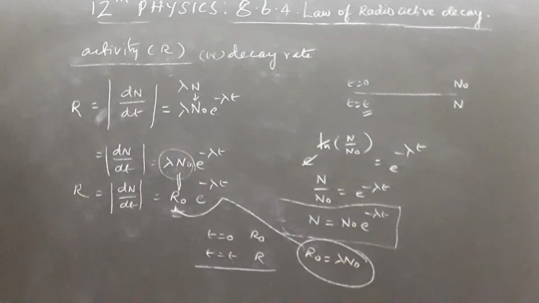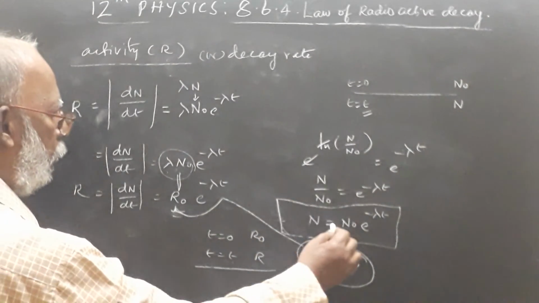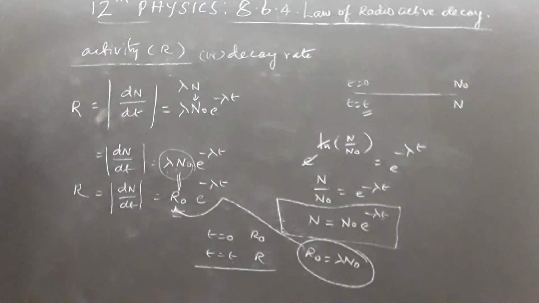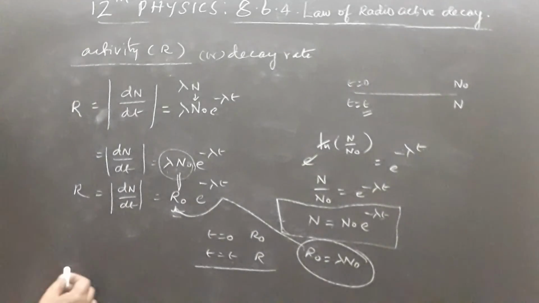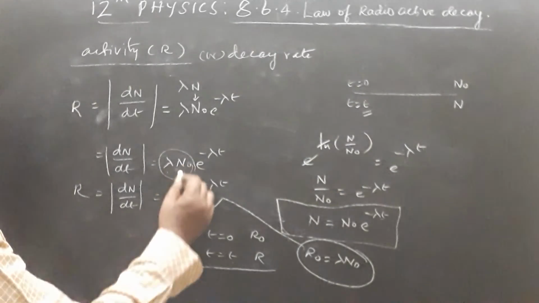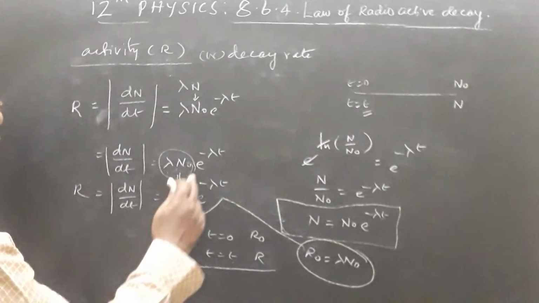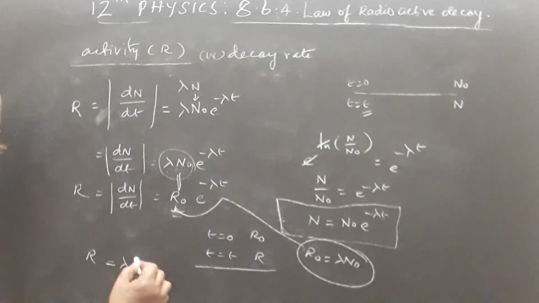Therefore, from the equation N equals N naught into e power minus lambda t, and R equals lambda into N naught, instead of lambda N you have to put R naught into e power minus lambda t. Therefore we can write R equal to lambda into N.